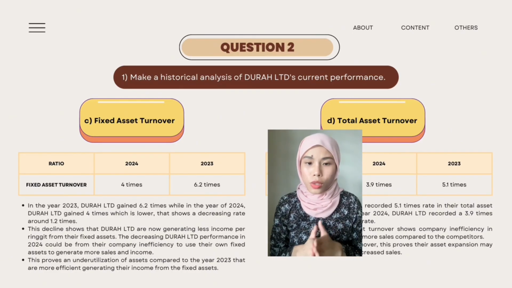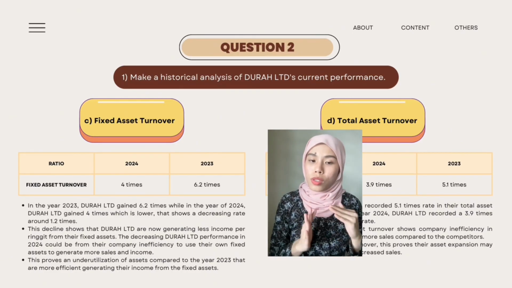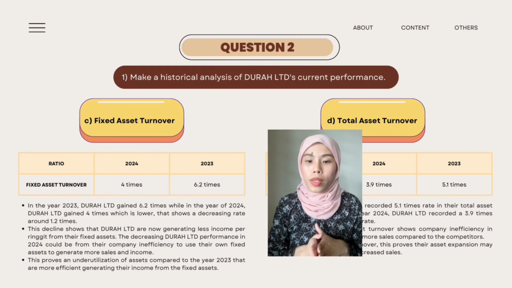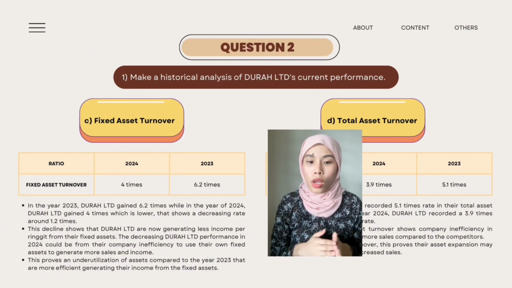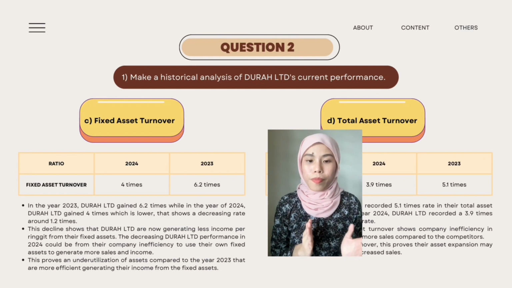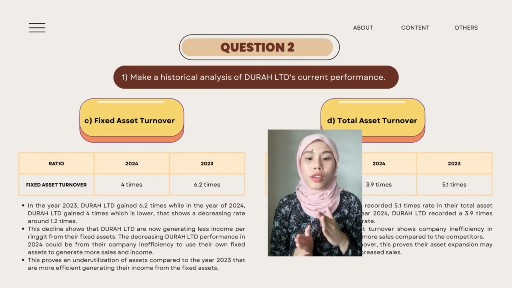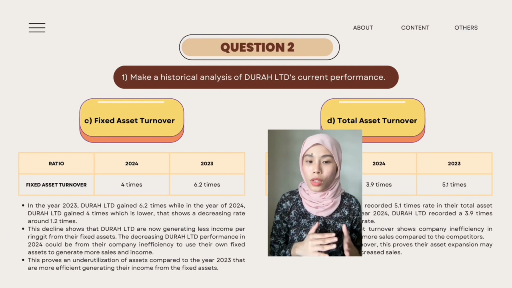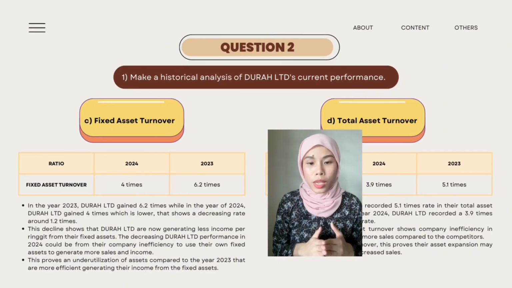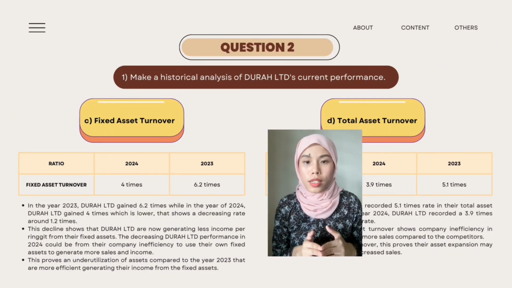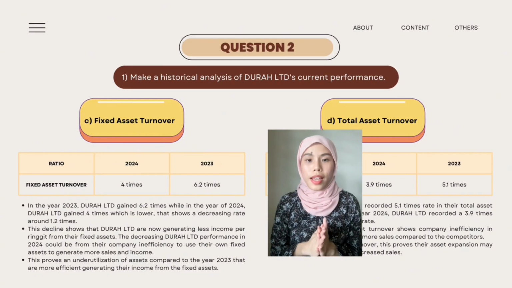The decreasing performance in 2024 could be from the company's inefficiency in using their own fixed assets to generate more sales and income. This proves an underutilization of assets compared to the year of 2023. They were more efficient in generating their income from the fixed assets.